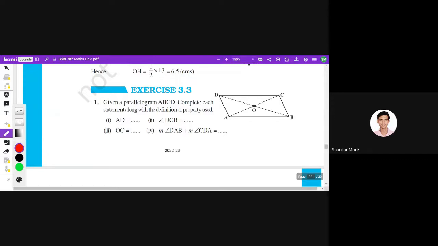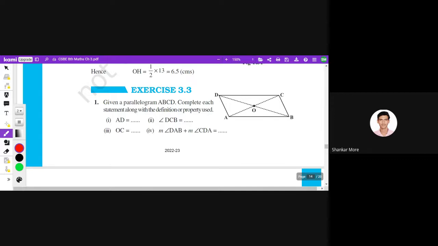Okay, so OC is equal to OA, correct? So which property or which definition are we using here? Diagonals of a parallelogram, right? Diagonals of a parallelogram bisect each other. So that property we are using here.